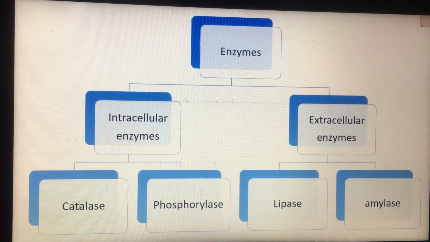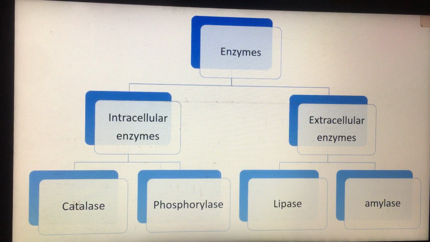The first one, catalase. Catalase breaks down harmful hydrogen peroxide in liver cells. And the second enzyme, phosphorylase.